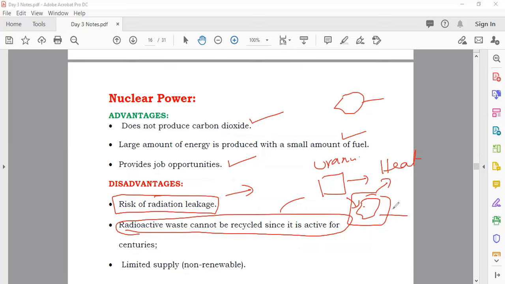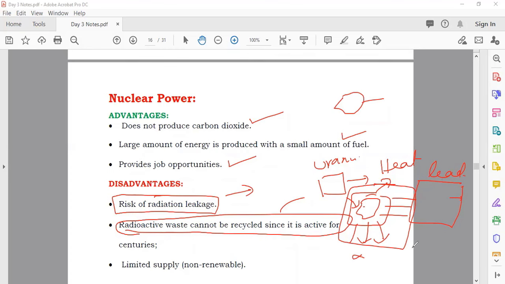But this waste produces radiation, alpha, beta, gamma, which are really dangerous for the people. So when the waste comes out from a power station, it has to be put in special containers. Those containers are mainly made of lead, because lead does not allow the radiation to go out. After putting it in lead, they have to store it in a place where it will be undisturbed.